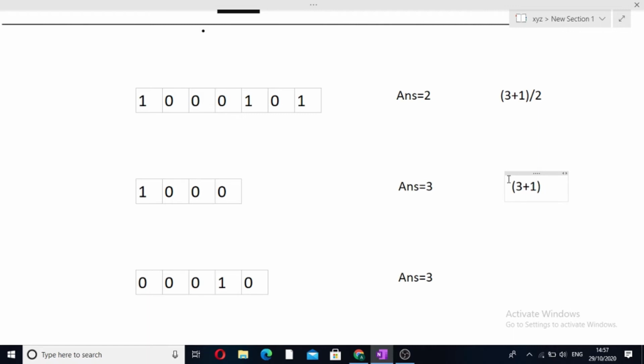Why can't we? Because that was the case when Alex is sitting in between two persons. When Alex is sitting in between two persons, the distance from one person should be the middle of the continuous zeros, that is 3 plus 1 divided by 2.